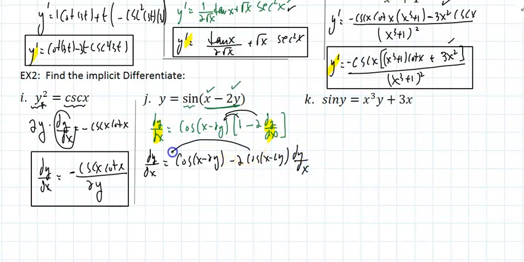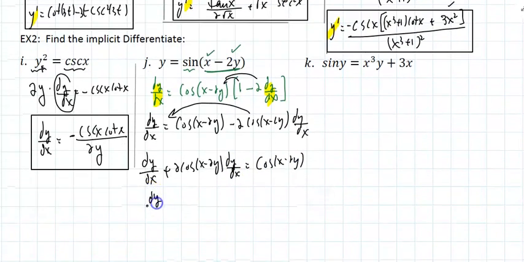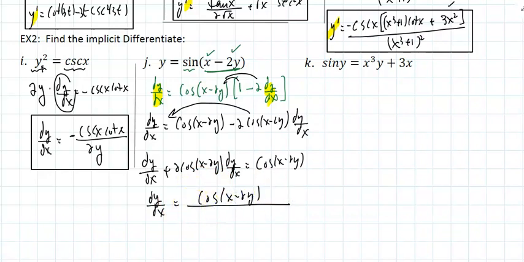If I get all the dy dx's on one side, if I factor dy dx out of both of those, I'll get a 1 and a dy dx plus twice the cosine of x minus 2.